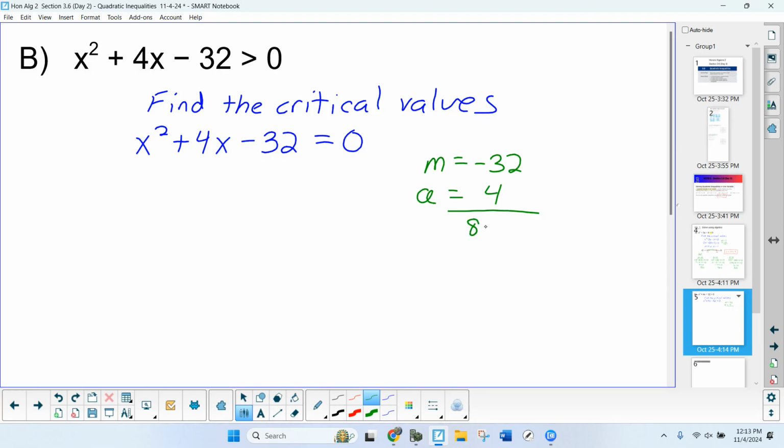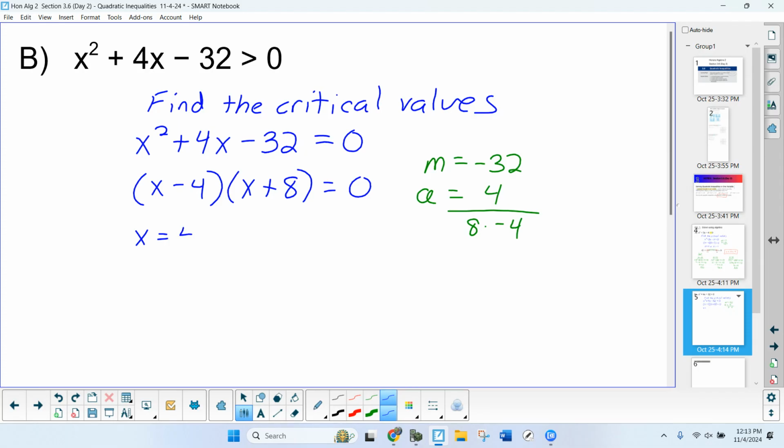Negative 4 and 8. So we're going to factor this, so this becomes x minus 4 times x plus 8 equal to 0. So when you set each of these equal to 0, Jack, what do you get for your critical values?